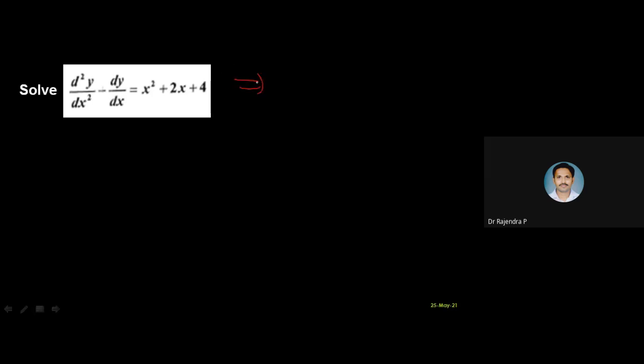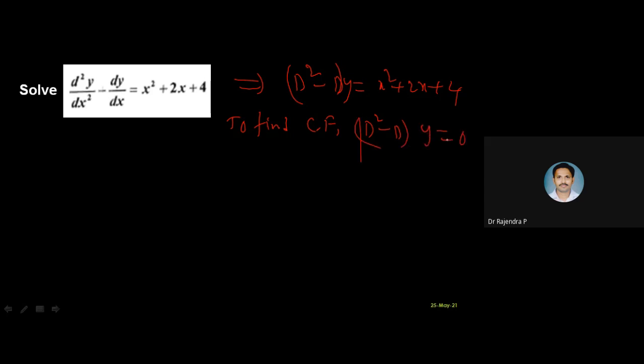Write it in differential operator form: D square minus D equals x square plus 2x plus 4. To find the complementary function, we take D square minus D into y equal to 0.